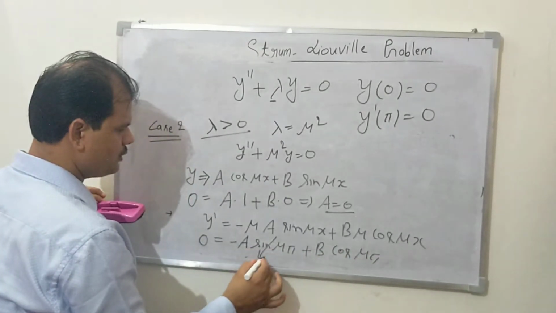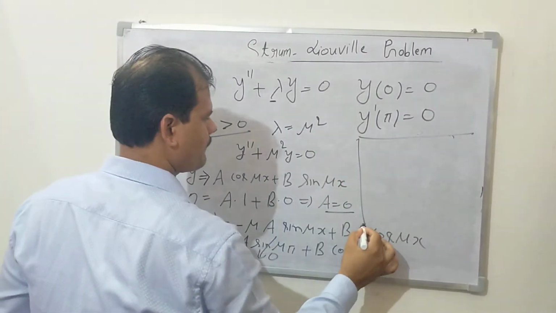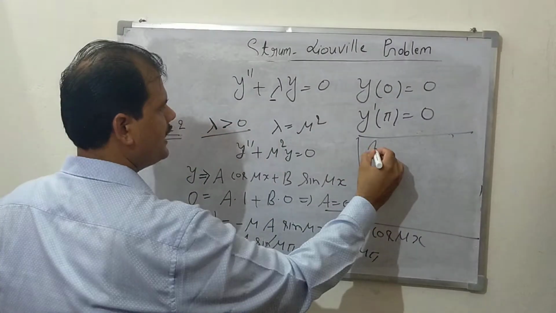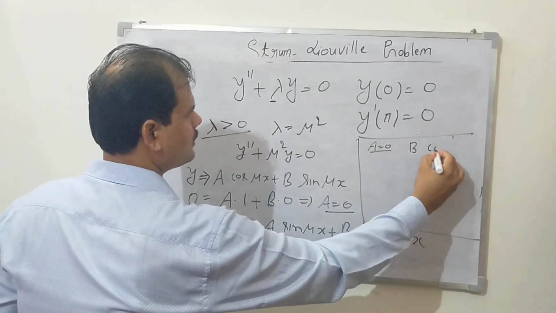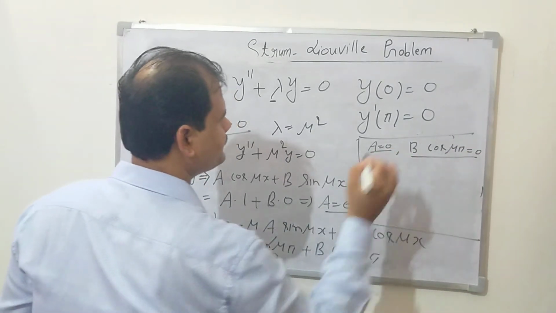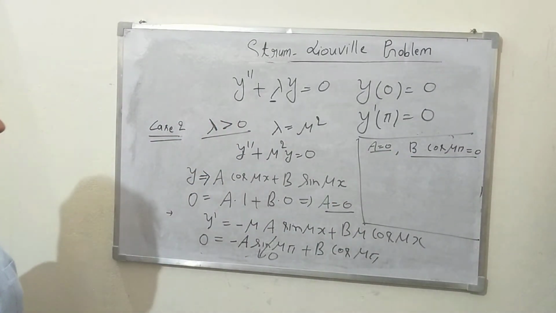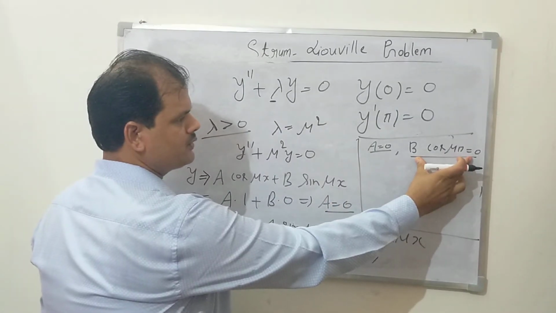Already a is 0, so this term is 0, so we are getting a equal to 0 and b cos mu pi equal to 0. So these conditions we have. Now b cos mu pi equal to 0.